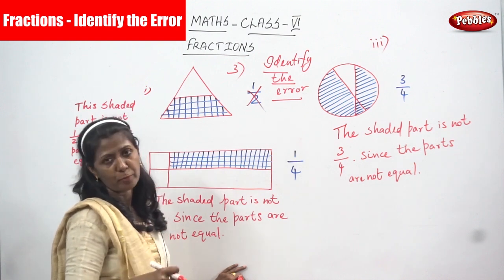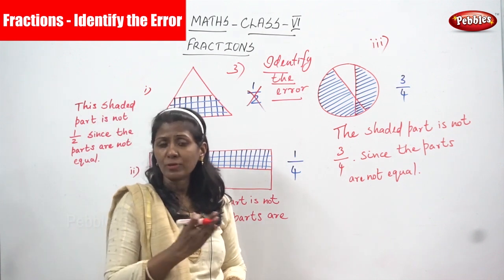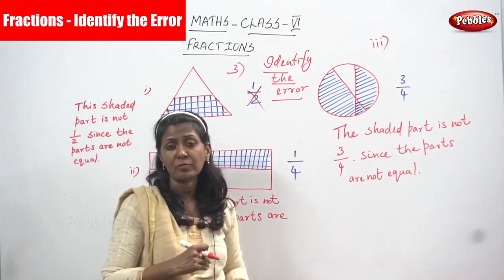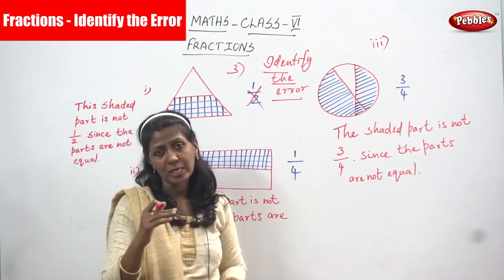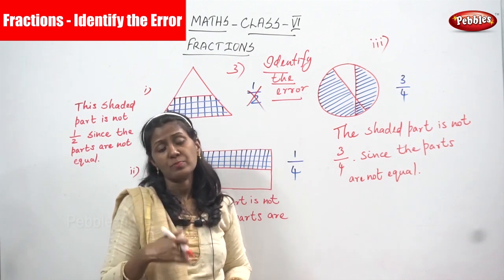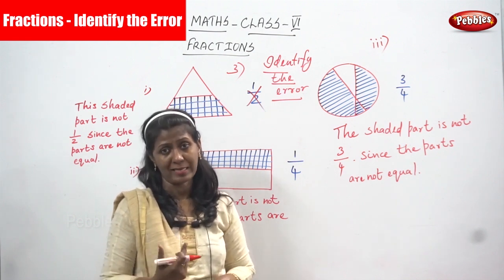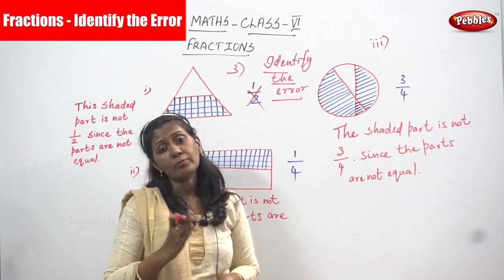That is very important. For example, if I cut into 4 equal parts and take out only 2 parts, the fraction is 2 by 4, you know that. That is called a fraction exactly.